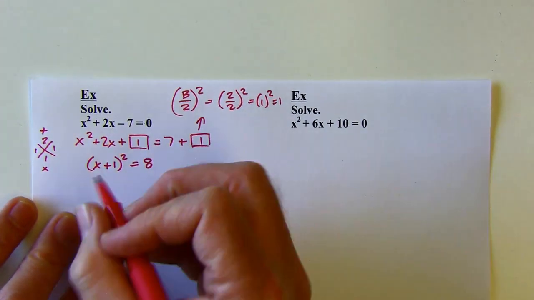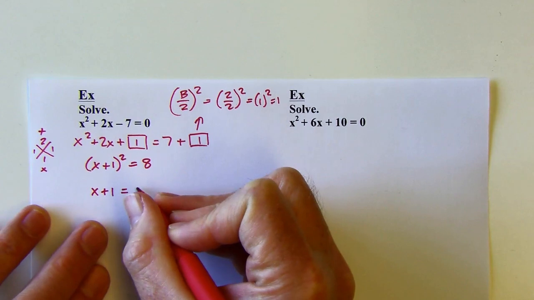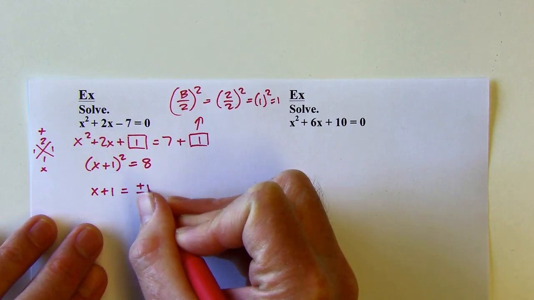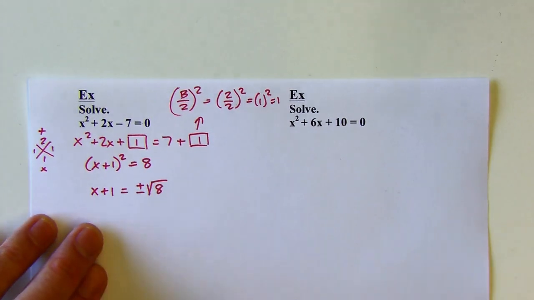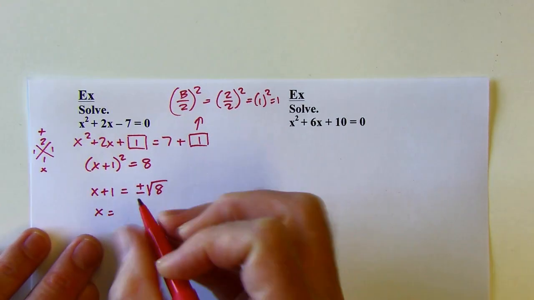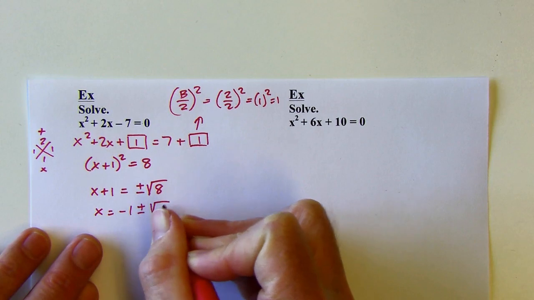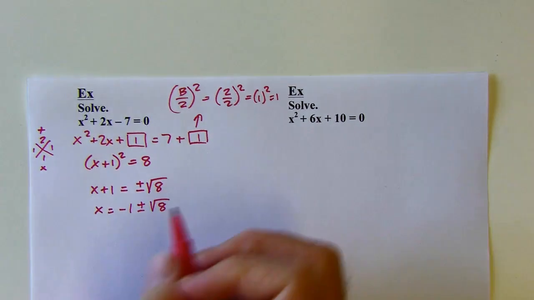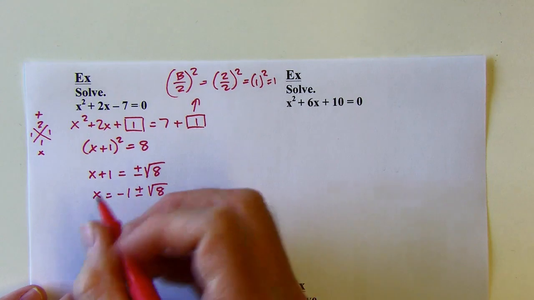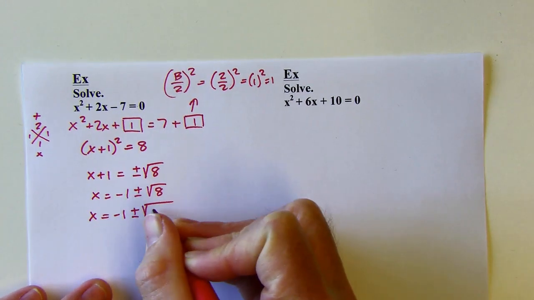And now I'm ready to take the square root of both sides. The most common mistake that people make once they know how to do these problems is they just forget the plus or minus symbol when they take the square root of both sides. So I'm going to subtract 1. I'm going to slip the negative 1 in front of the plus or minus. And then I still want to put this in simple radical form. So I could break 8 up into 4 times 2, or into 2 times 2 times 2, right?